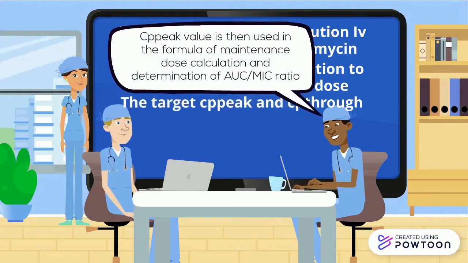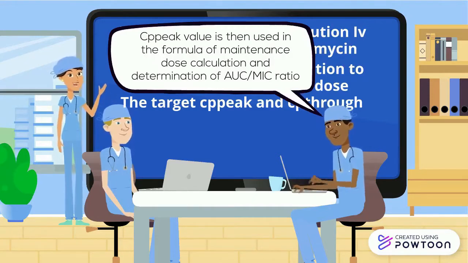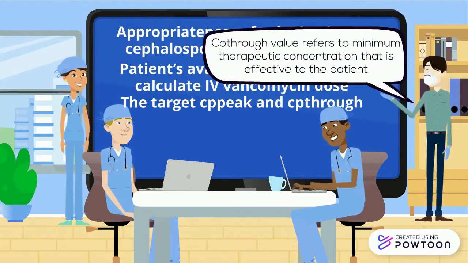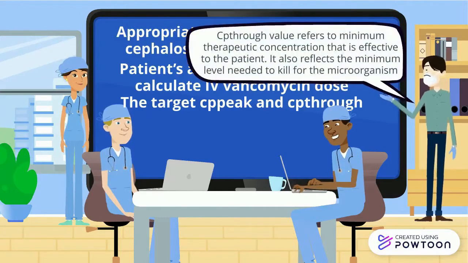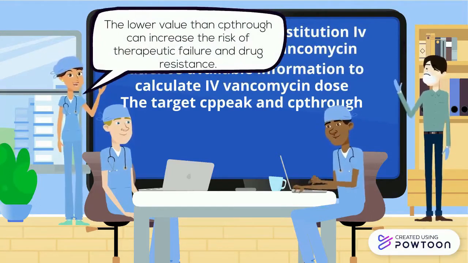CP peak value is then used in the formula for maintenance dose calculation and determination of the AUC over MIC ratio. CP trough value refers to the minimum therapeutic concentration that is effective for the patient. It also reflects the minimum level needed to kill the microorganism. A value lower than CP trough can increase the risk of therapeutic failure and drug resistance.